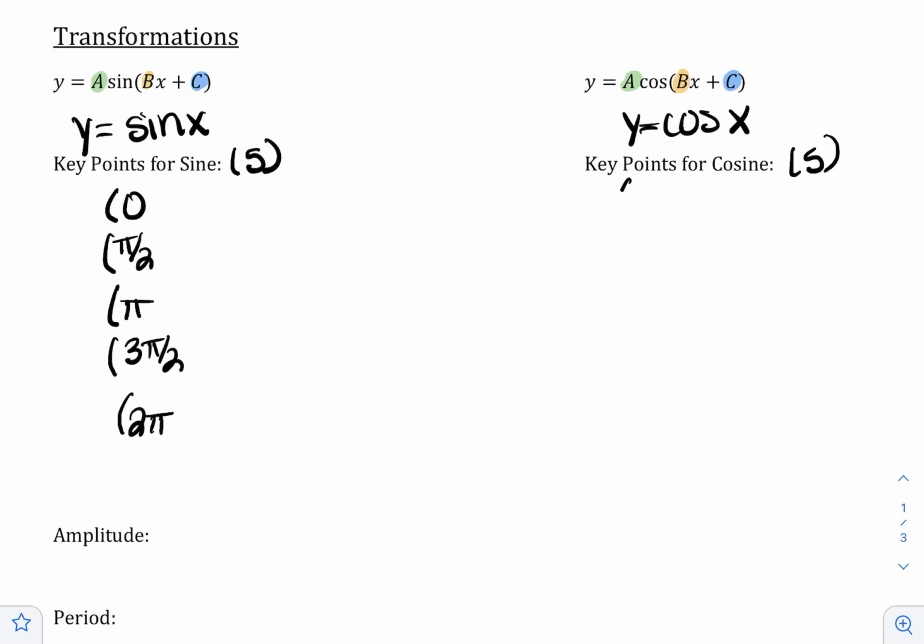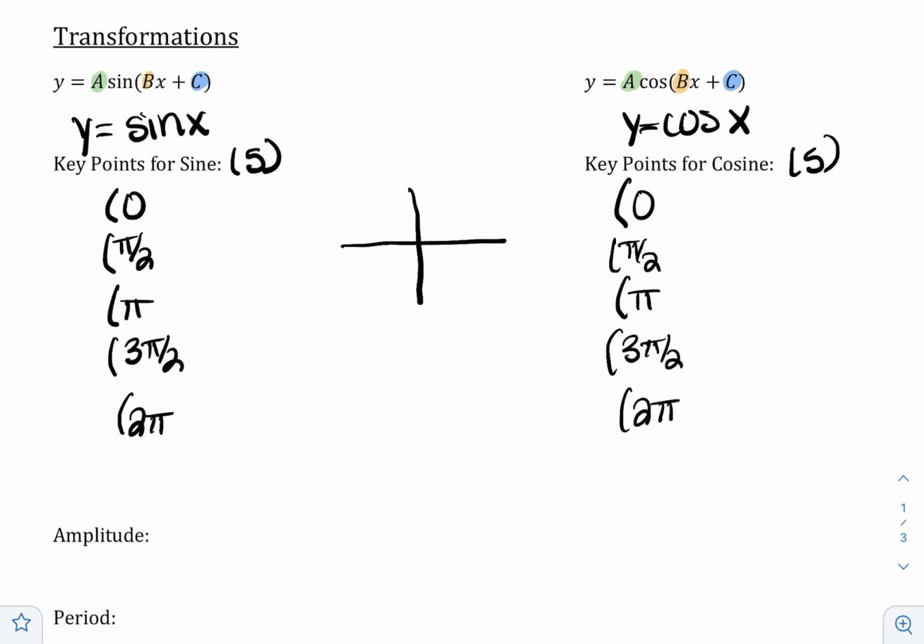And it's going to be the same thing for cosine, 0, pi over 2, pi, 3 pi over 2, and 2 pi. But of course, as we know, they're going to have a different output because sine is the y-coordinate on the unit circle and cosine is the x.